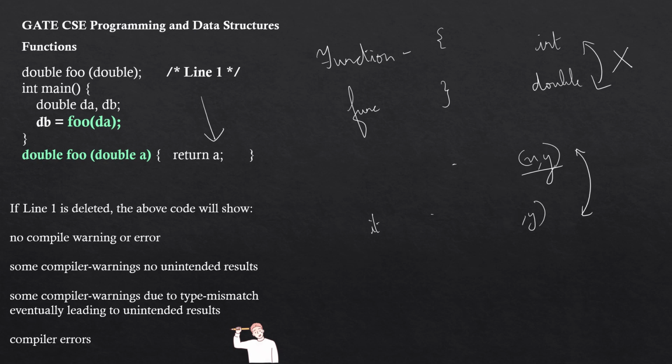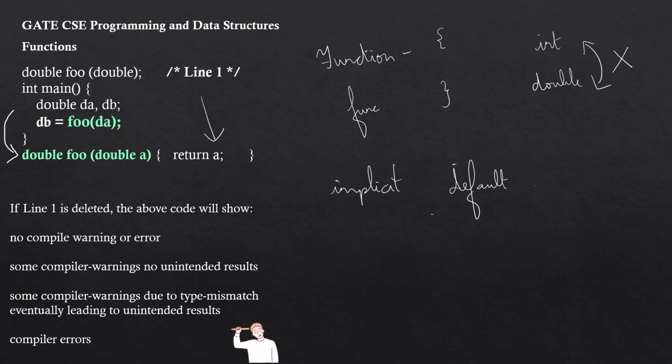Suppose by any chance your function declaration is missing, like in this question. Here the function definition is after the call, so how does the compiler know the return type? In implicit function declaration, they assume the default return type is int.